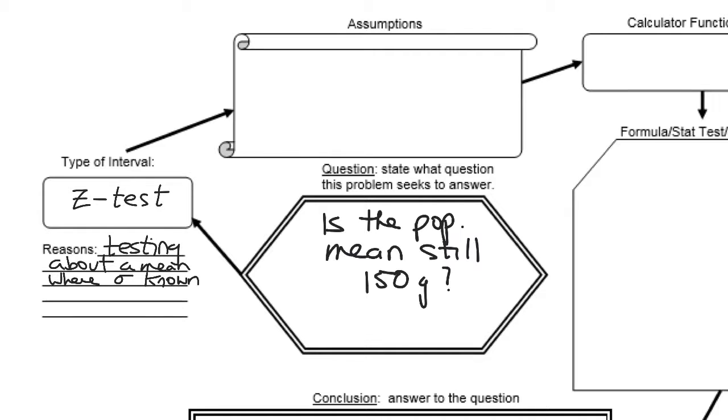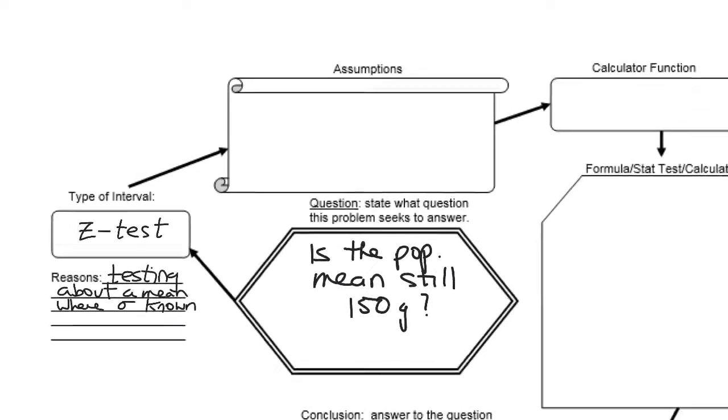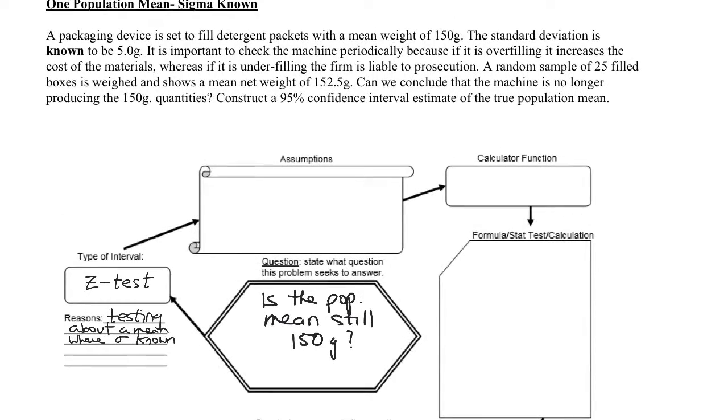Right? So assumptions, conditions. For that, you can reflect back to the first page: simple random sample, normal distribution, and n is greater than 30. And then in this case, we need to know what sigma is. All right? So reading.